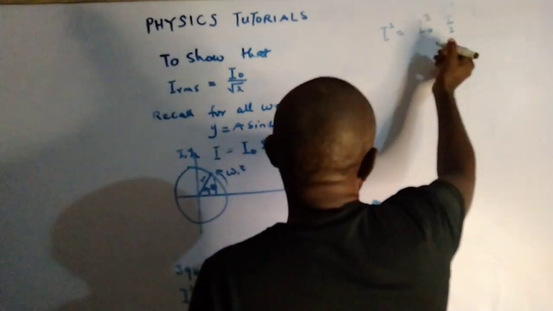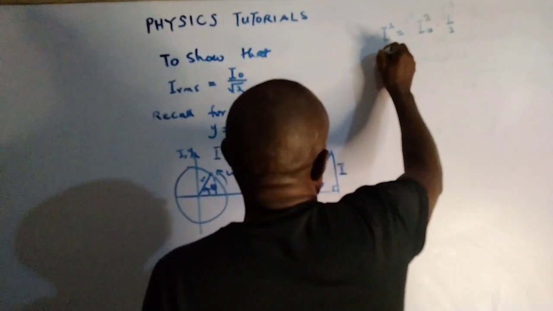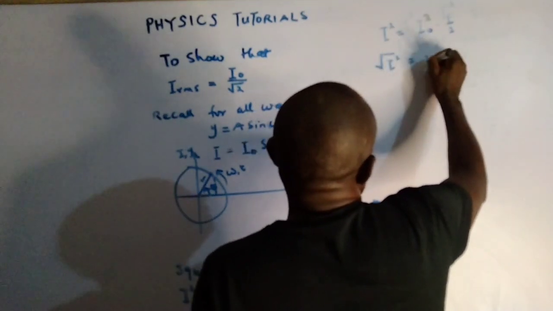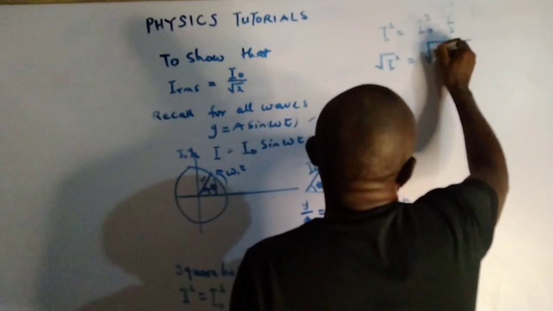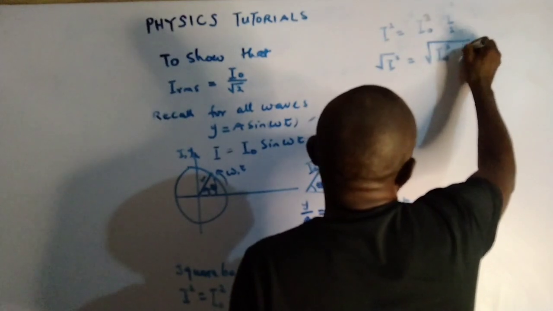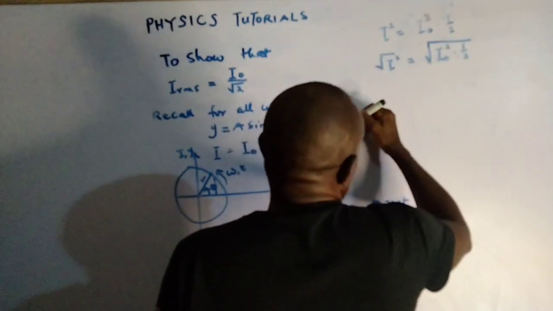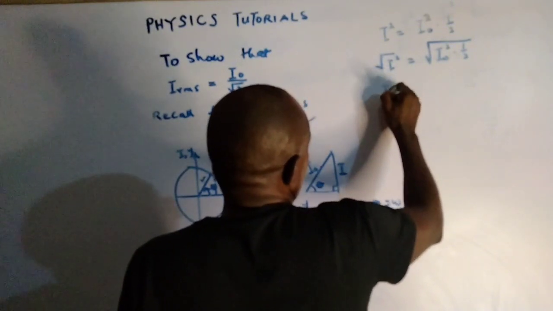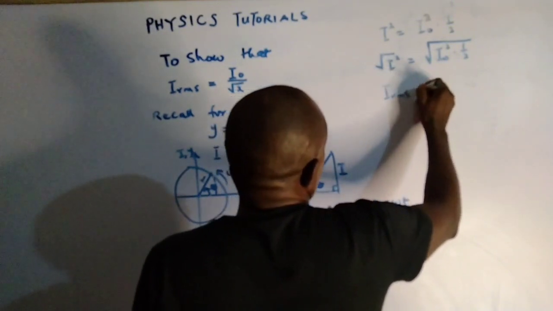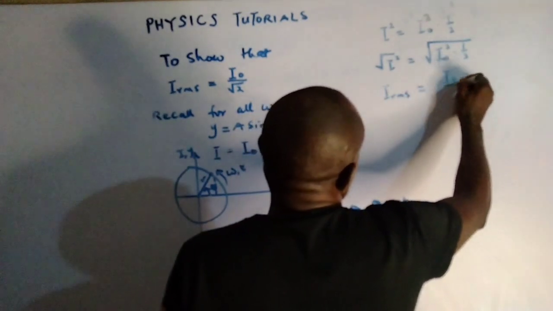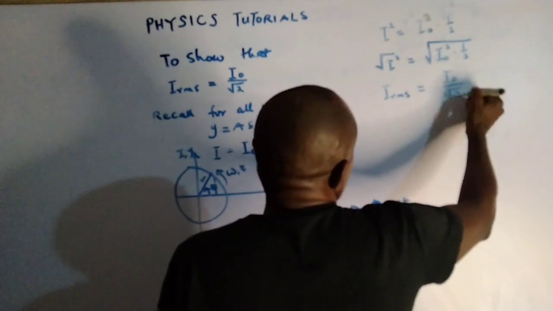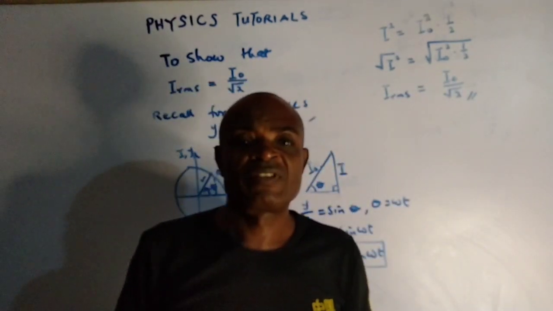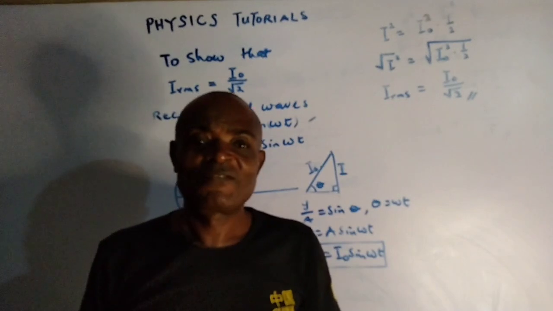So if we find the square root of both sides, we get the square root of I0 squared times 1 over 2. Computing the equation, the result is what we call the root mean squared value of the current, and it is equal to the peak current divided by the square root of 2, which is what we were asked to prove. I hope it makes sense. Physics is fun.